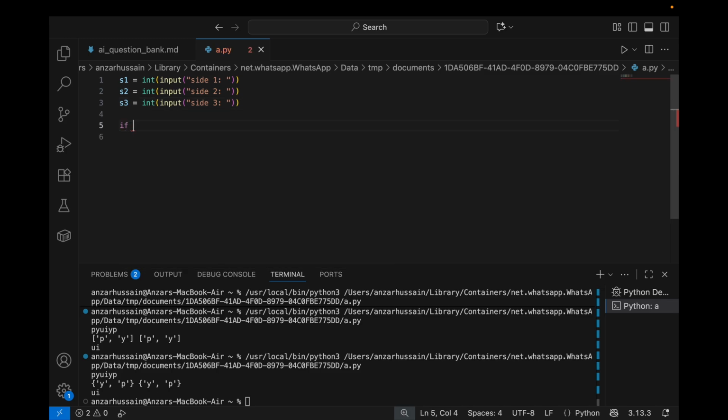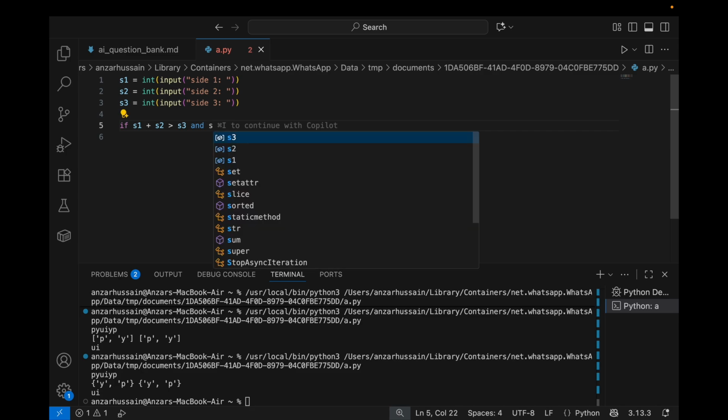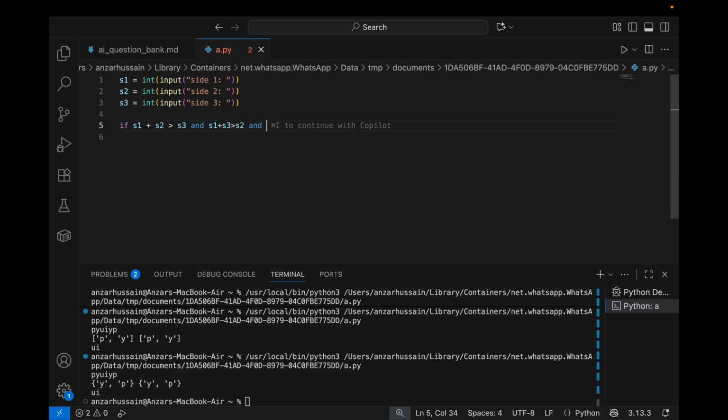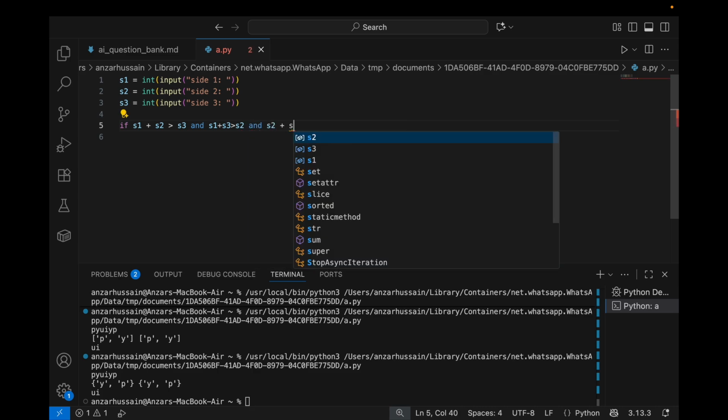Now what I have to check: if side 1 plus side 2 is greater than S3, and side 1 plus side 3 is greater than S2, and side 2 plus side 3 is greater than S1.